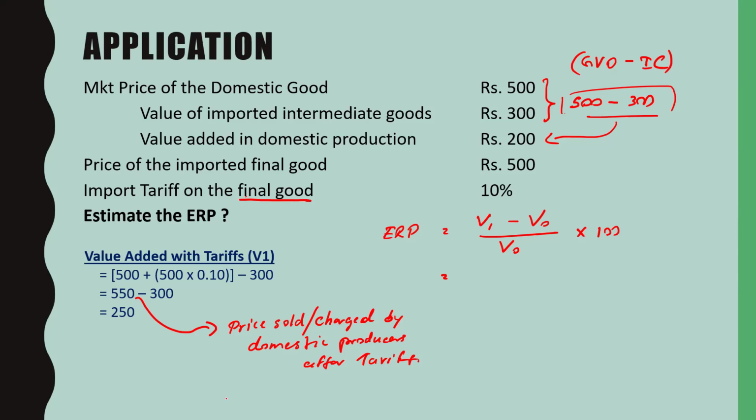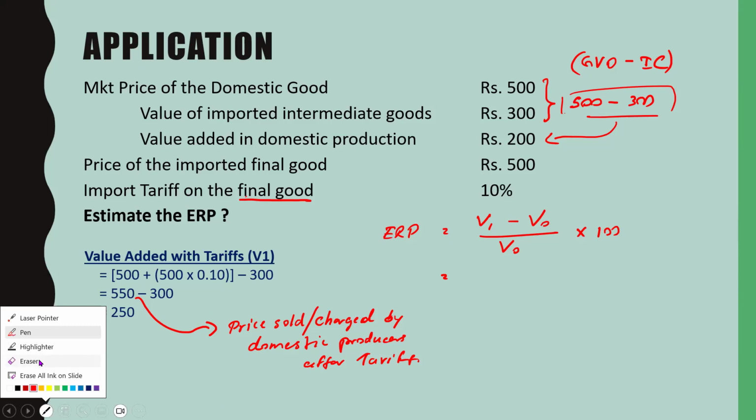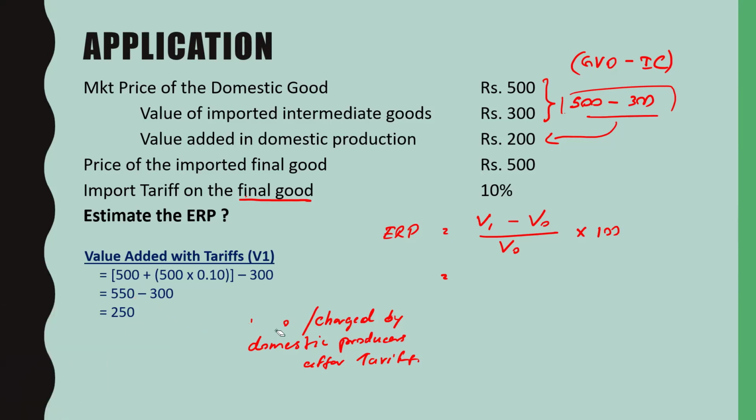So if that is clear, you will get the calculation. Earlier, the domestic producers' value addition, given in the question, was 200. Now it's 250. So bring that 250 here and you can easily do the calculation.